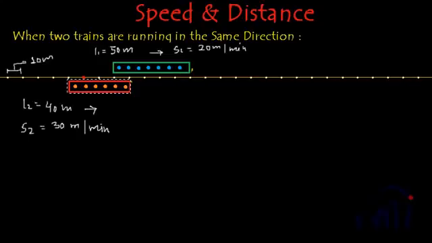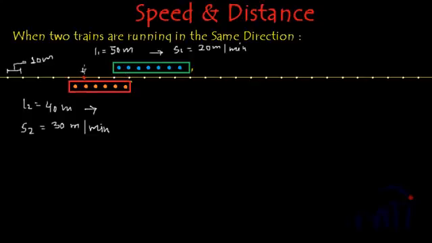1 minute ago, when the red train was just about to start crossing the green train, the rear end of the green train was over here and the front end of the red train was also over here, right? So in 1 minute, the red train has covered a distance of 30 meters and it has reached over here, right?